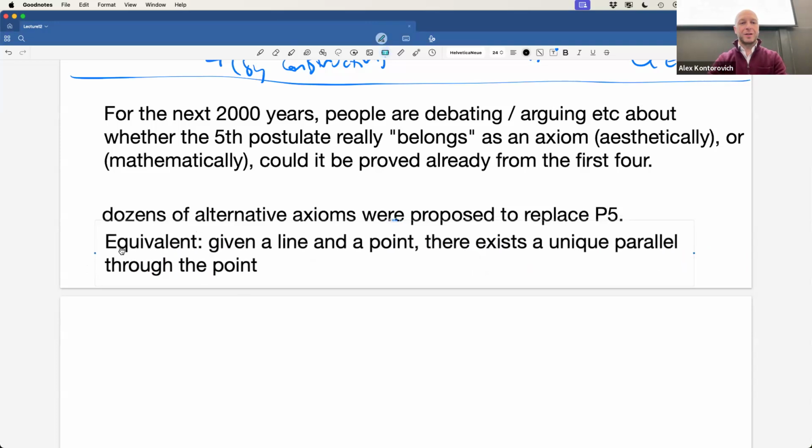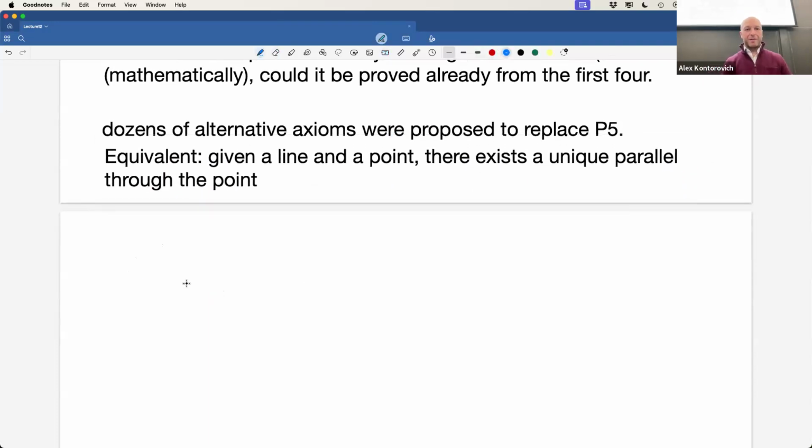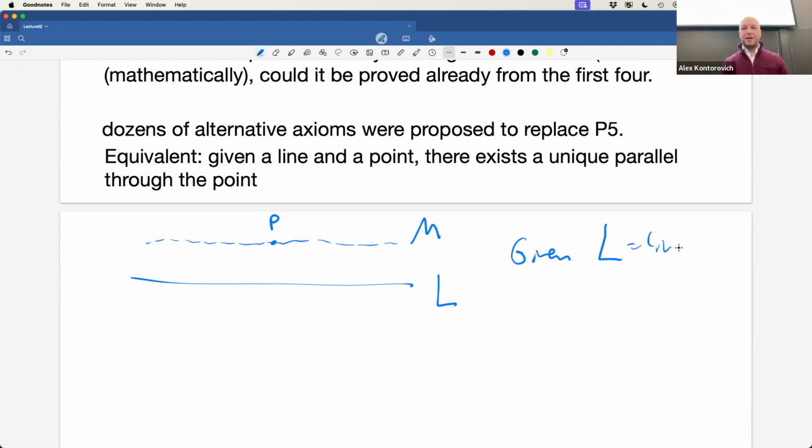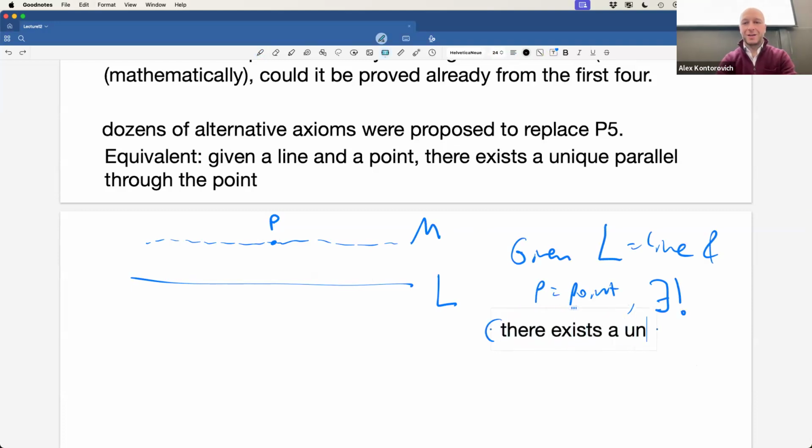In other words, if I have a line L and a point P, not on the line, then there exists a unique line M in the same plane that's parallel to L. The two never meet no matter how far you extend them.